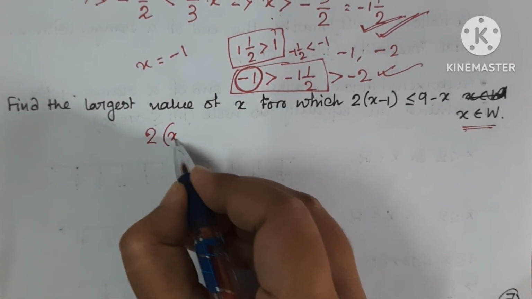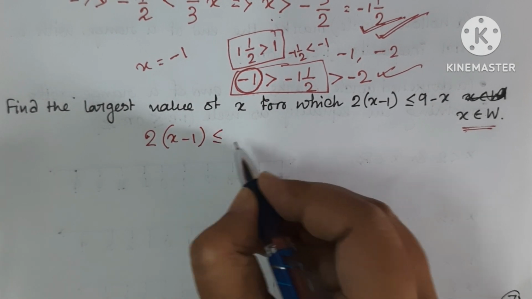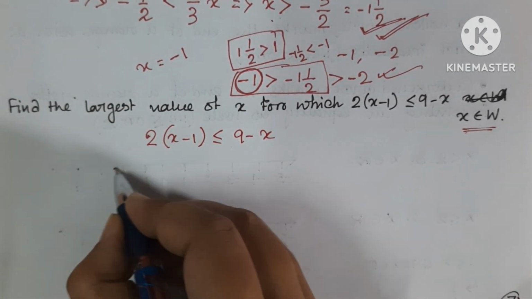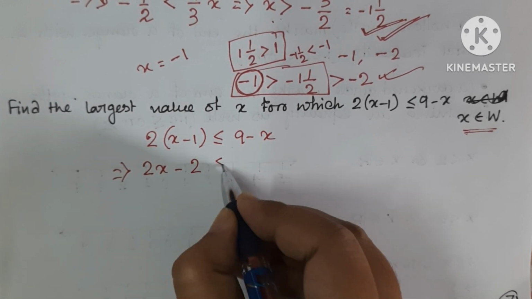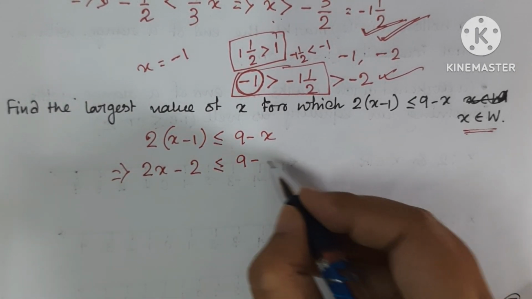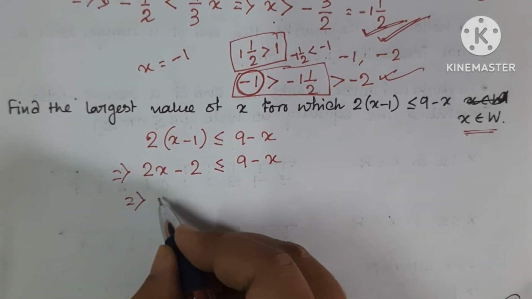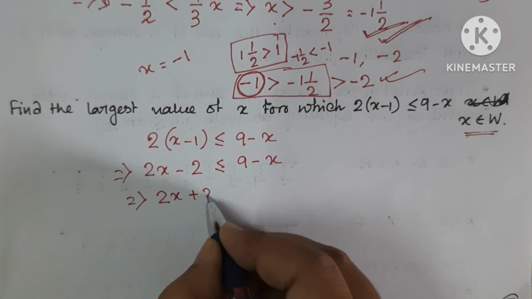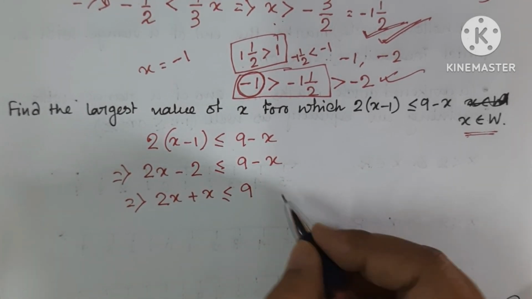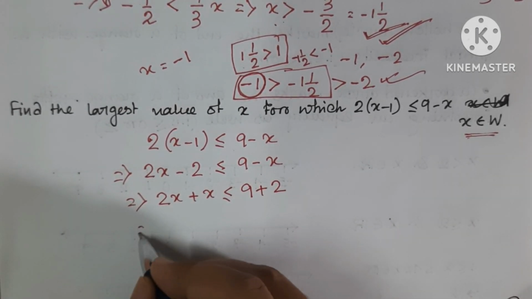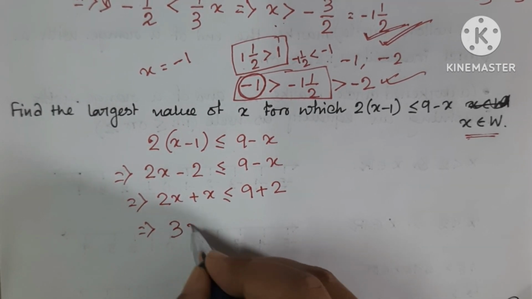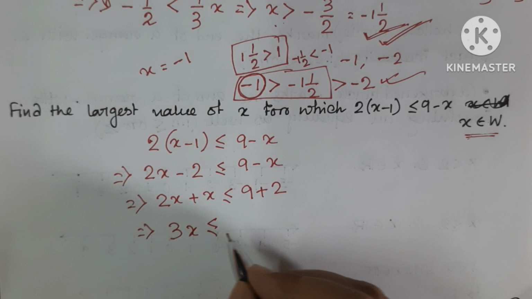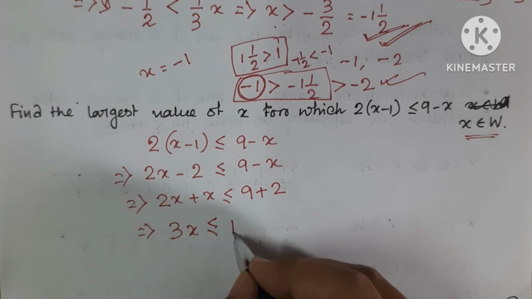Now if you write it like this, 2x minus 2 is less than or equal to 9 minus x. Now 2x plus x is less than or equal to 9 plus 2. So it will become 3x less than or equal to 11.